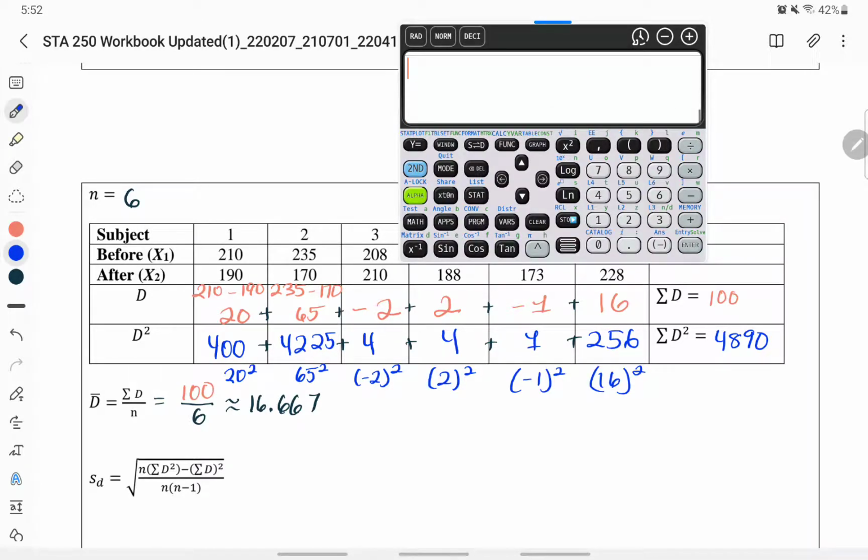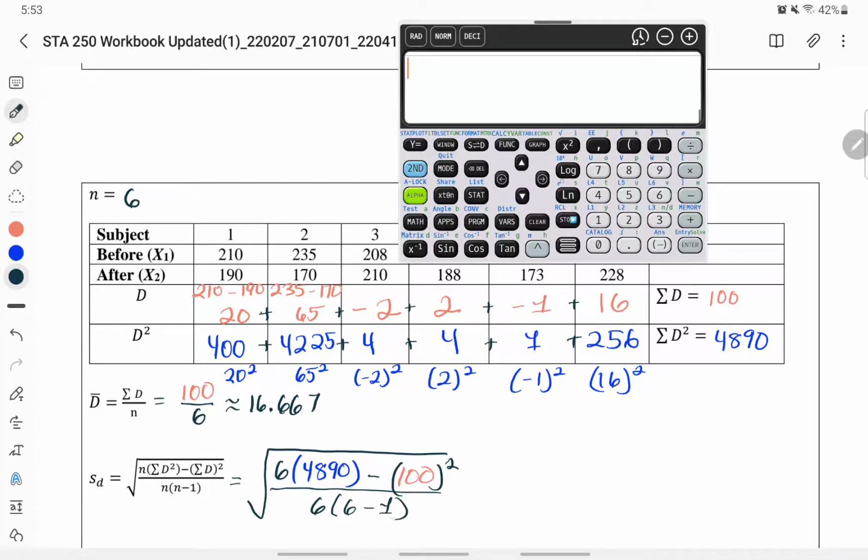Now we can find the standard deviation. That's going to be the square root of N, which is 6, times the sum of D squared, which is 4,890, minus the sum of D. The sum of D is 100, but you're squaring that. And that's divided by N, which is 6, times N minus 1.